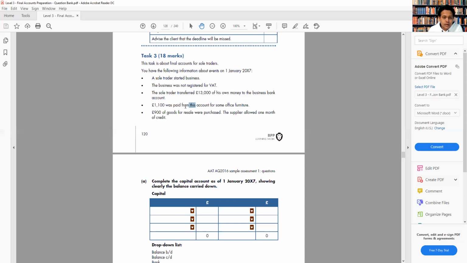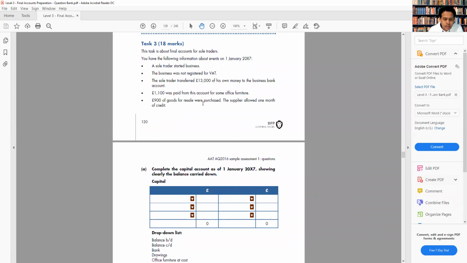So if the business buys something using the business bank account, it is not basically capital because the business is using business money. So capital is only what is given by the owner of the business from his personal assets. So 1100 is not the capital because the business is using the business account.